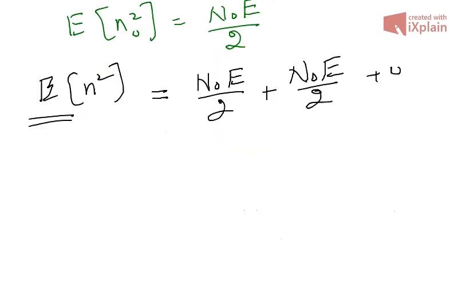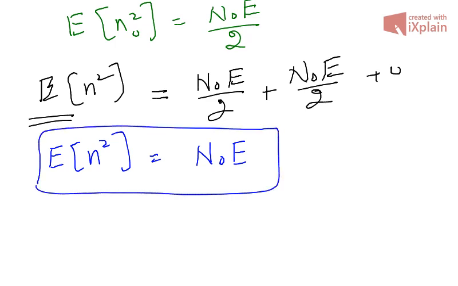So the expected value of n squared, for orthogonal signals, is equal to N0 times E. As I said earlier, this is equal to the variance of the noise term.